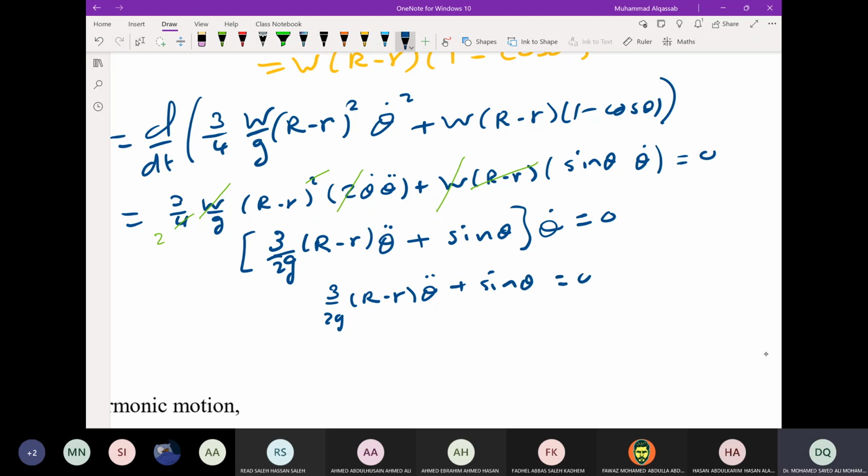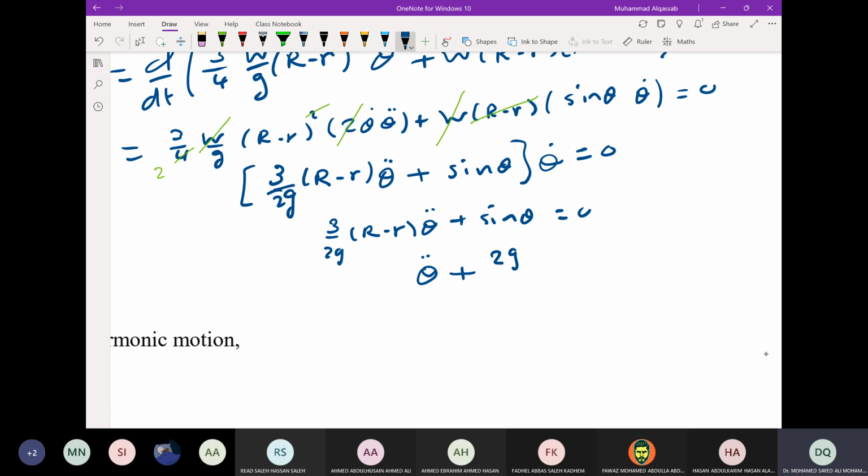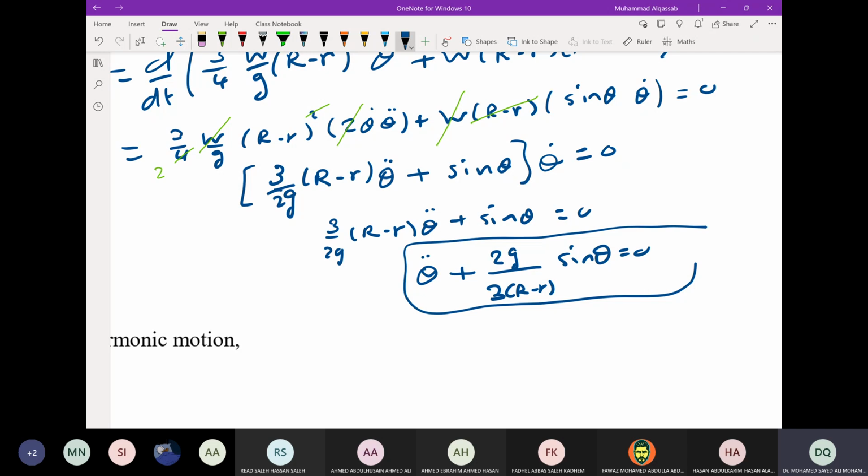We put it in standard form where the theta double dot coefficient is 1, and this will be 2g over 3(R minus r) sine theta. And as you can see, this is a nonlinear differential equation, because of the nature of the problem, since this is a cylindrical surface, so it is like a pendulum.